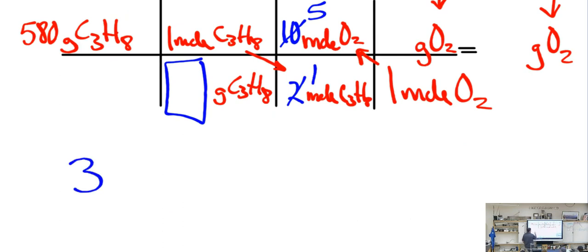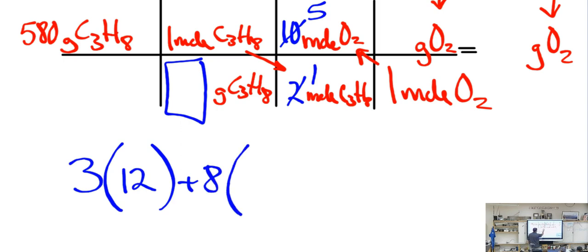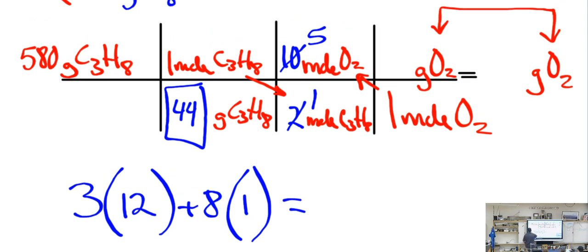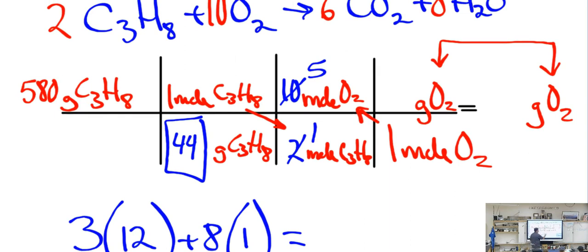So we have 3 carbons, and each one of them weighs 12, plus 8 hydrogens, and each one of those is 1. So we have 36 plus 8, which is 44 grams per mole. We have the grams. There's the mole. All right, then oxygen. This is why this matters that it's O2. Oxygen is 32 grams per mole, not just 16, because it's O2.